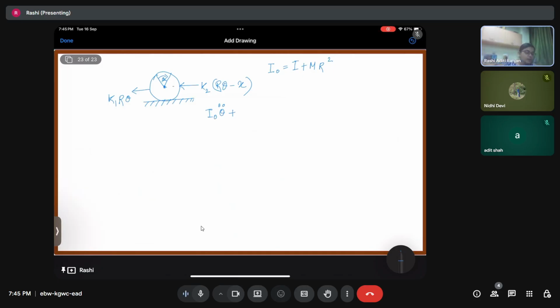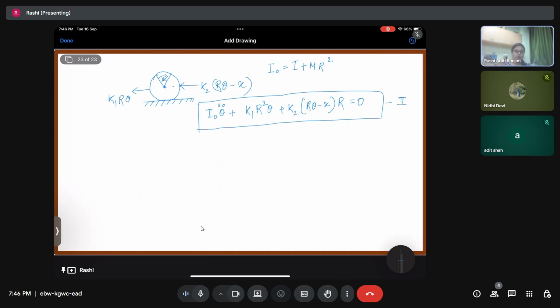The two forces will also produce the moment in that direction only. So I naught theta double dot plus k1 r square theta, because k1 r theta is the force, into r, plus k2 (r theta minus x) into r is equal to 0. So we have found the second equation as well. This is the second equation.